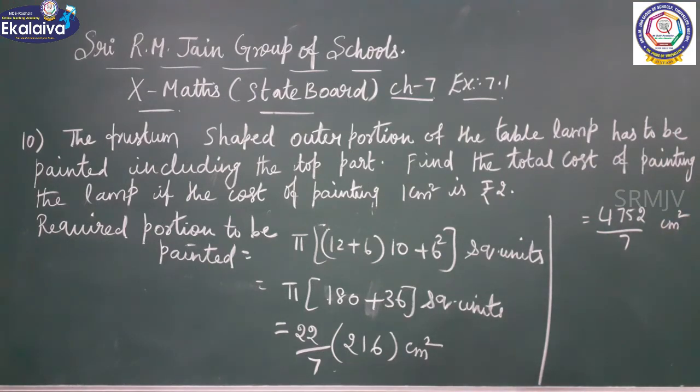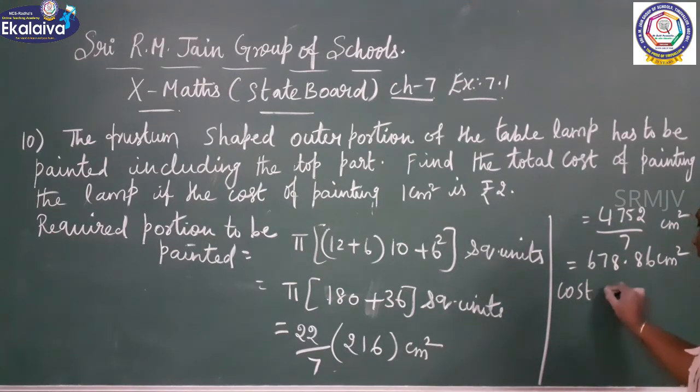When we divide, you can divide and check the answer in the rough work column. It is 678.86 centimeter square. Cost of painting per centimeter square is rupees 2.